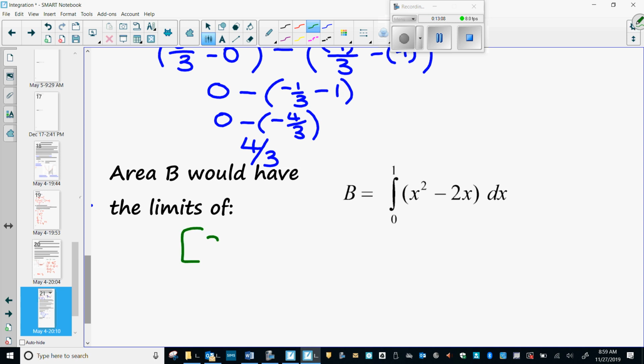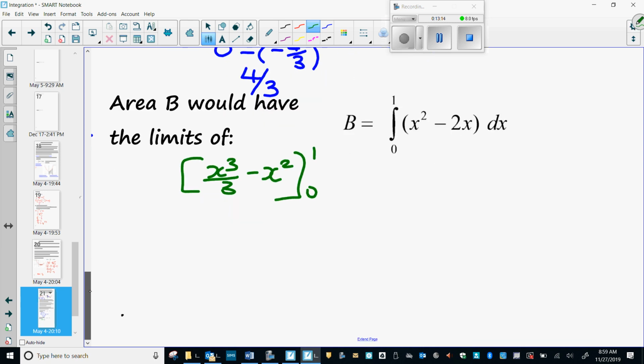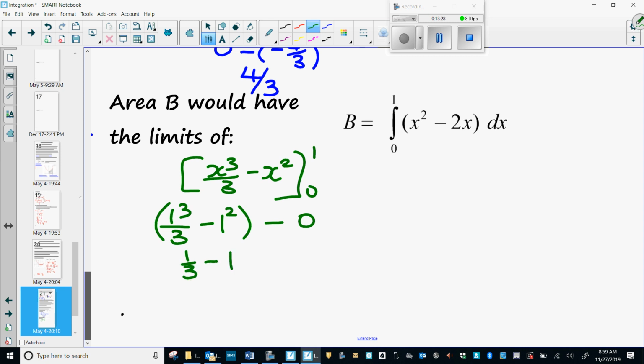So here we've got x cubed over 3 minus x squared between 1 and 0. 1 cubed over 3 subtract 1 squared. I'm just going to write minus 0. So it's 1/3 subtract 1. So that's negative 2/3. As I said, we knew it was going to have a negative value because it was underneath the x-axis, but we would take our area as positive 2/3.